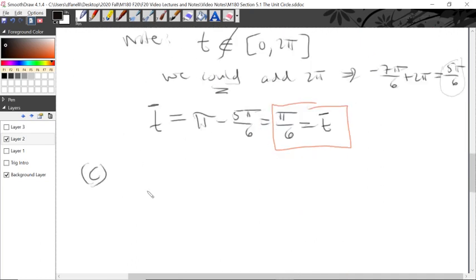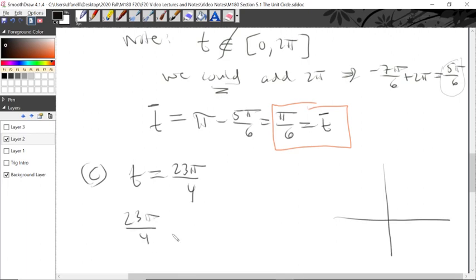Okay, part C. t is equal to 23 pi over 4. So now we have a large value of t. Note, 23 pi over 4 is greater than 2 pi, because with a common denominator, 2 pi would be 8 pi over 4, and 23 is more than 8.